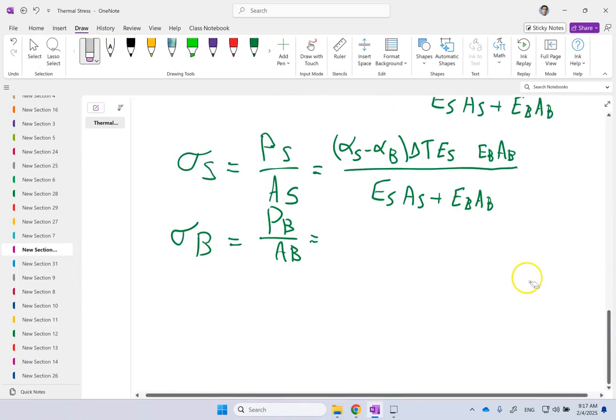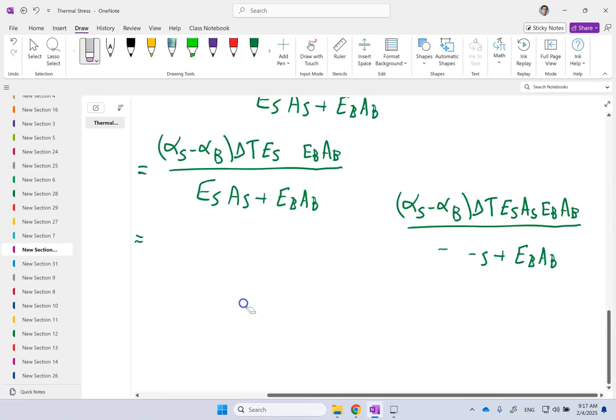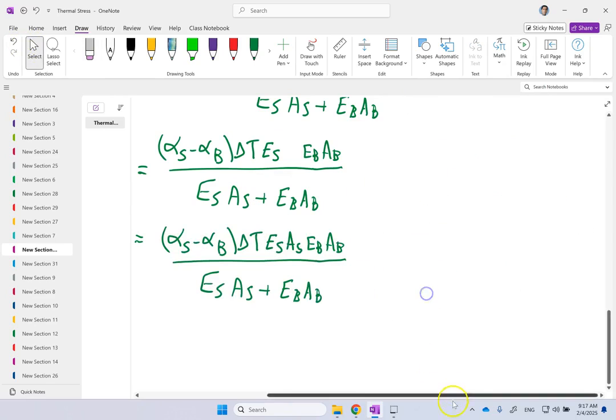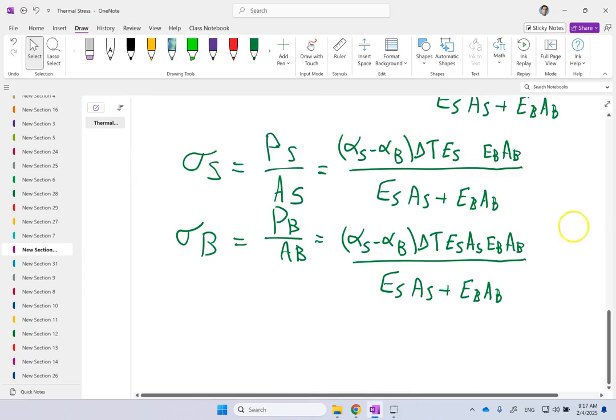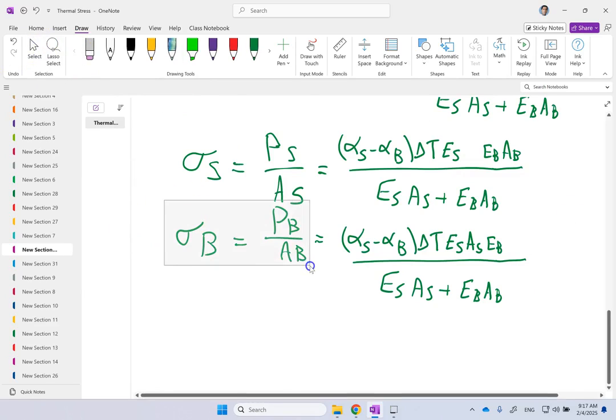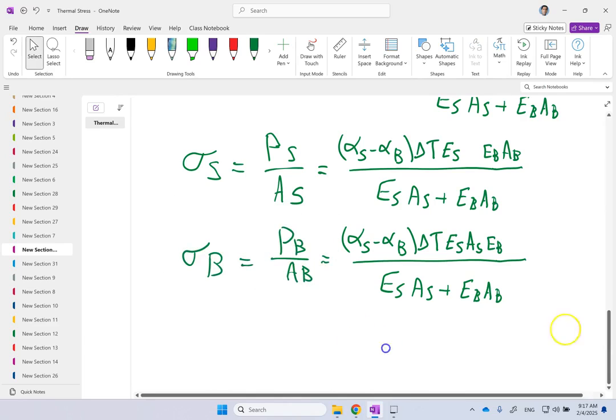And if I do it for this bottom one, again, if I pick this and bring it right here, the only thing I need to cancel is AB, which is this. Done. Okay, so this is the answer to the first part of the problem. What are the stresses in the bolt and in the sleeve?